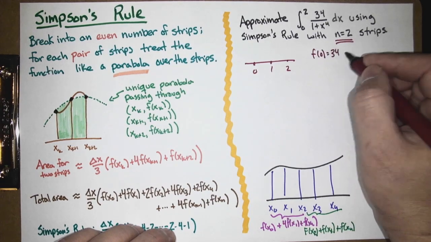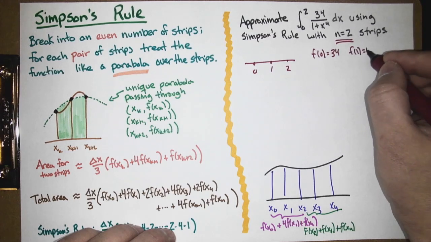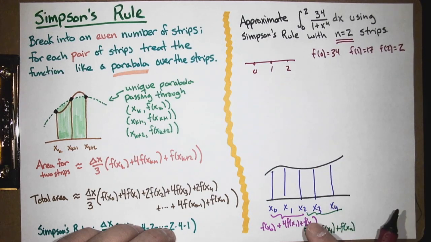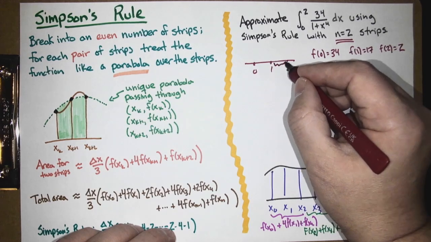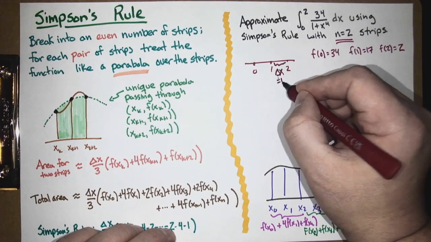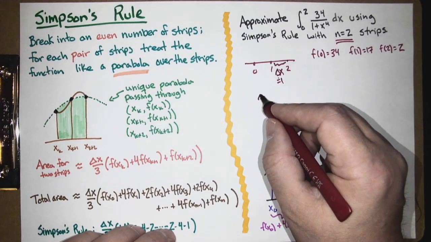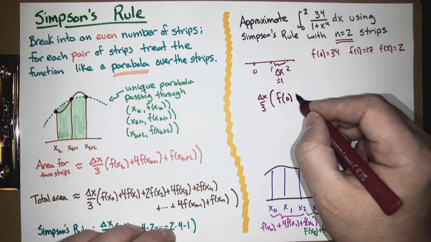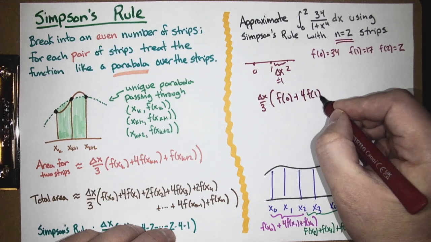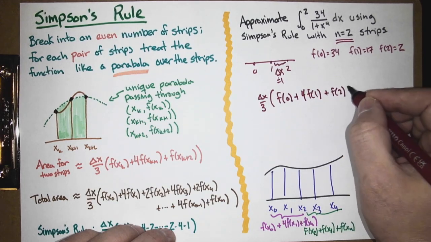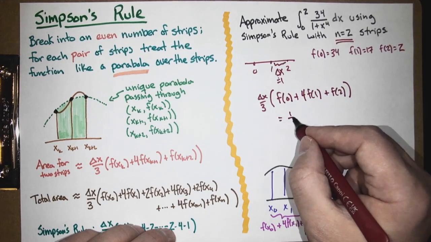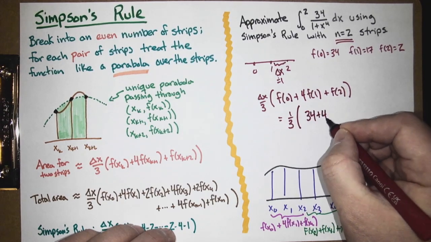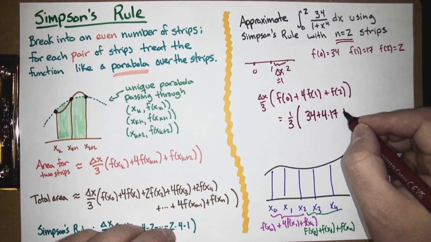F of 0 is 34. F of 1 is 17. F of 2 is 2. So, according to this, delta x equals 1. We'd have delta x over 3, f of 0 plus 4, f of 1 plus f of 2. Well, that's 1/3 times 34 plus 4 times 17 plus 2.